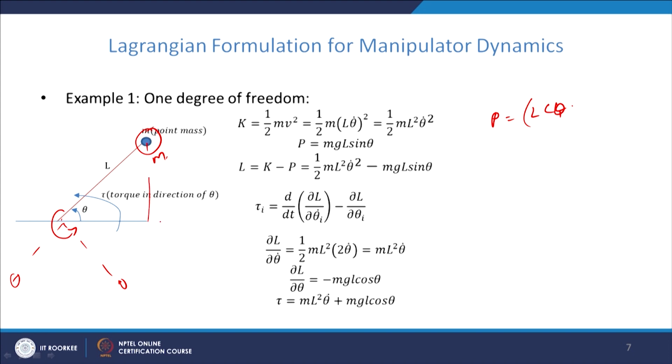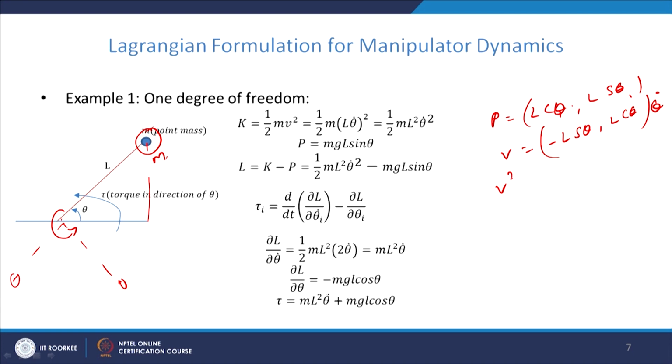So, the x distance is L cos theta and the y distance is L sin theta, and when we differentiate this, the velocity is minus L sin theta into theta dot and L cos theta into theta dot. So, theta dot is the common thing.